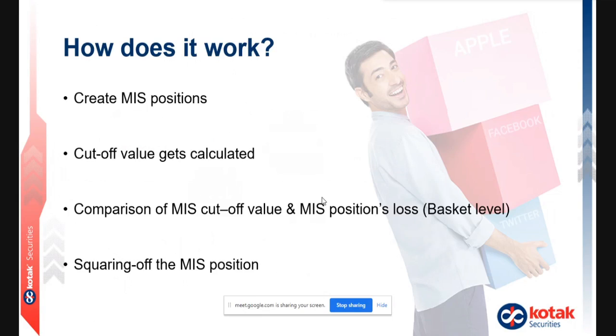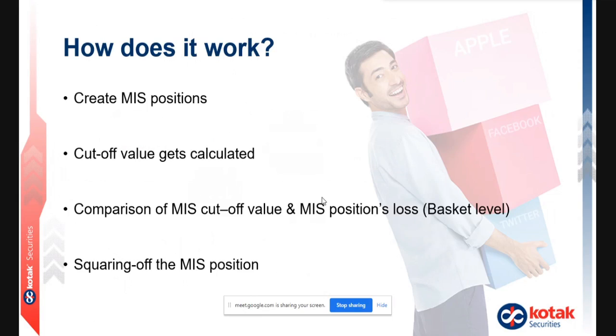If the loss of this position breaches more than 5,000 rupees, your position will get squared off automatically. Whatever positions you take in MIS, this is how the MIS cutoff level will help you cut off your losses. If the loss is not breached, at 3:10 automatically the system will square it off.